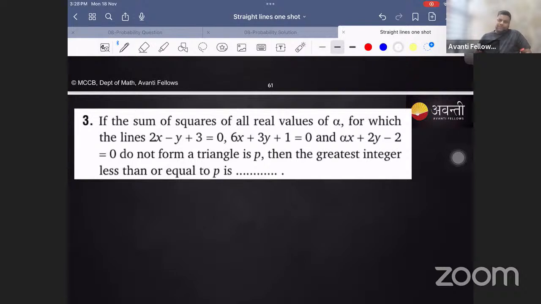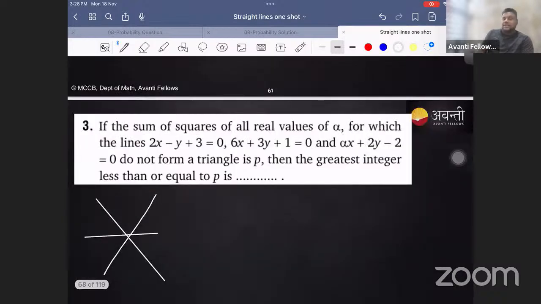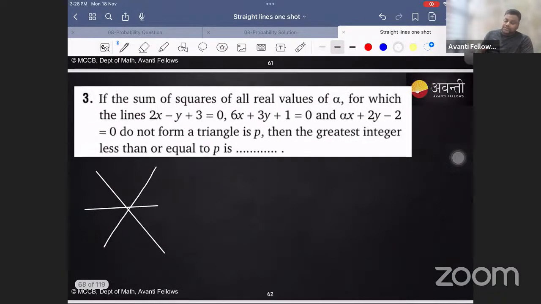Now see, let's do the sum of the squares of all values of alpha for which these three lines do not form a triangle. Now see, these three lines will not form a triangle if either they are concurrent, meaning they are passing through one single point, or this third line, which is there in terms of alpha, is parallel to any one of them.